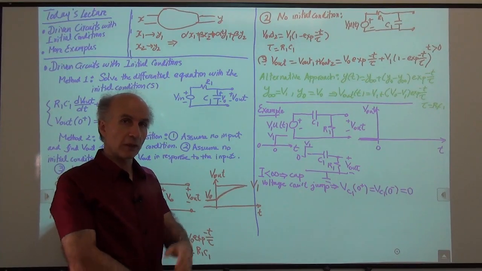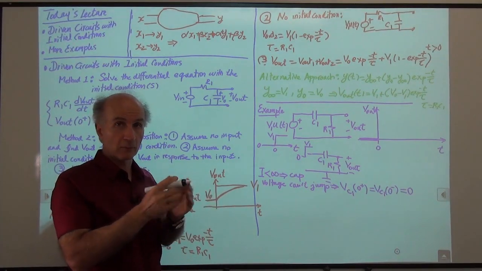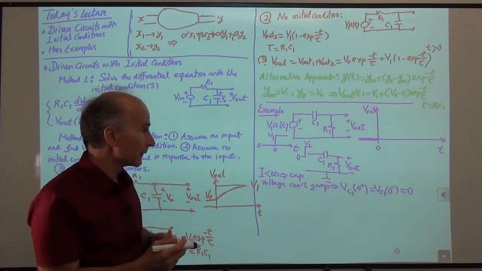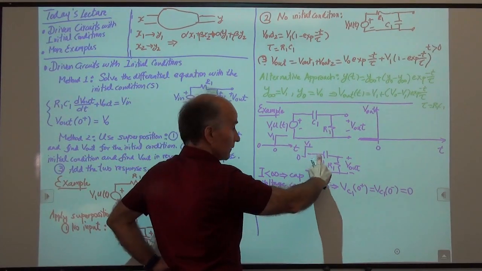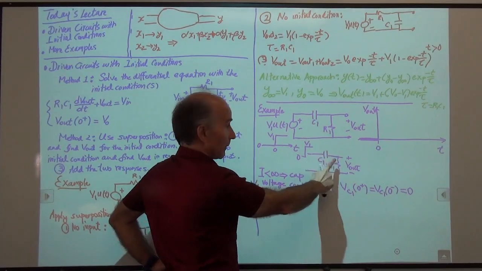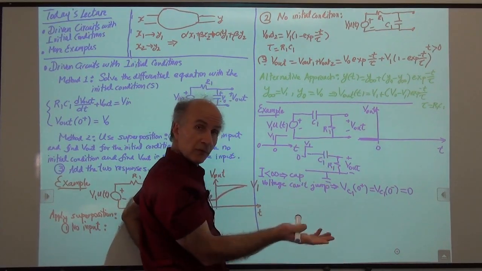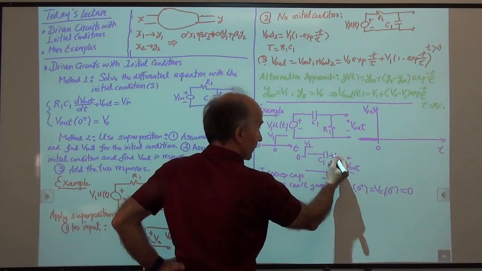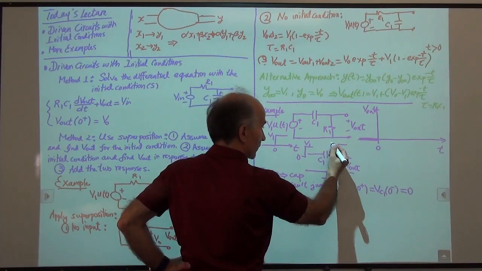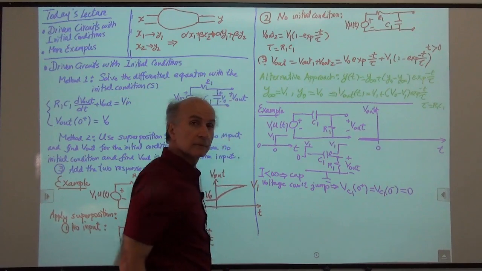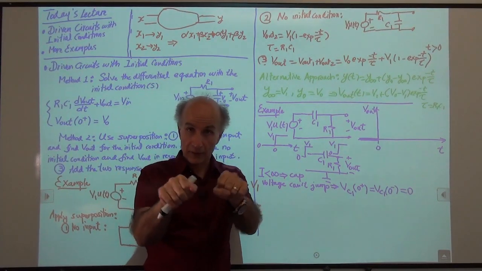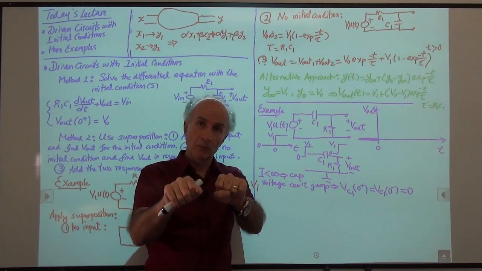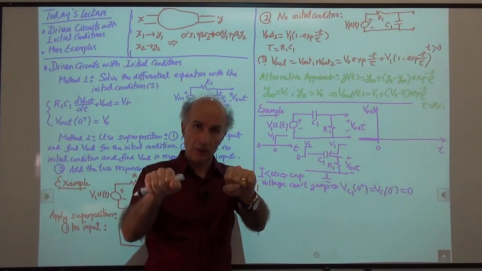Okay, so here comes the key point. That is what a lot of students get wrong. So this voltage is V1. This voltage difference is 0. How much is this voltage? Has to be V1, right? So this point also jumps from 0 to V1. So the capacitor doesn't want this voltage to change. It's like a short circuit, right? So before time 0, the capacitor has 0 across it.